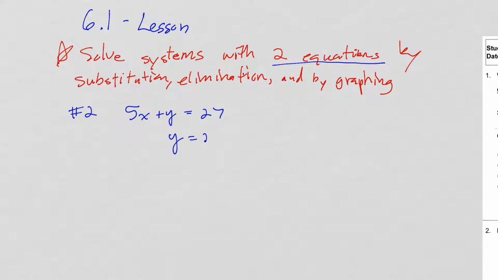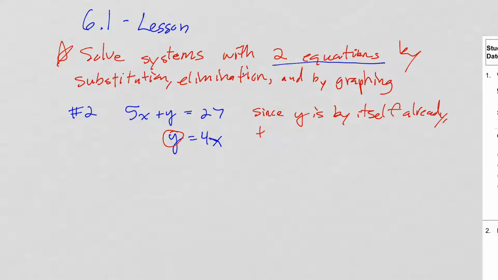So here we have two equations, and it says solve by substitution. Now, you can do it however you want to, but this is already set up for substitution. Because y is by itself here, it's already set up.